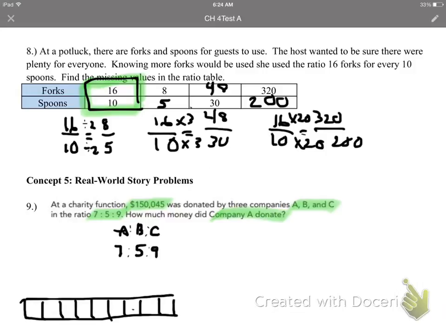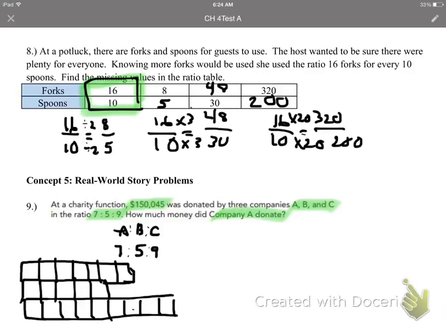Okay, there are my 9 boxes. Here are my 5 boxes. There are my 7.